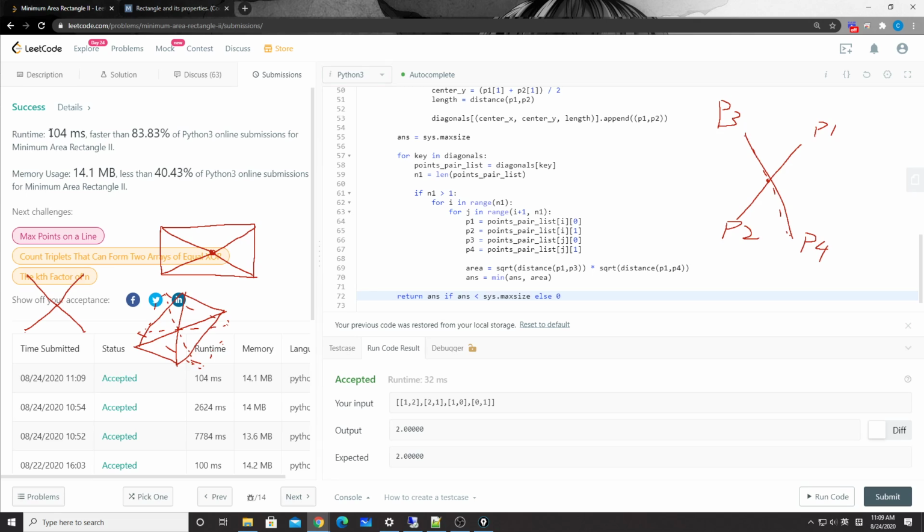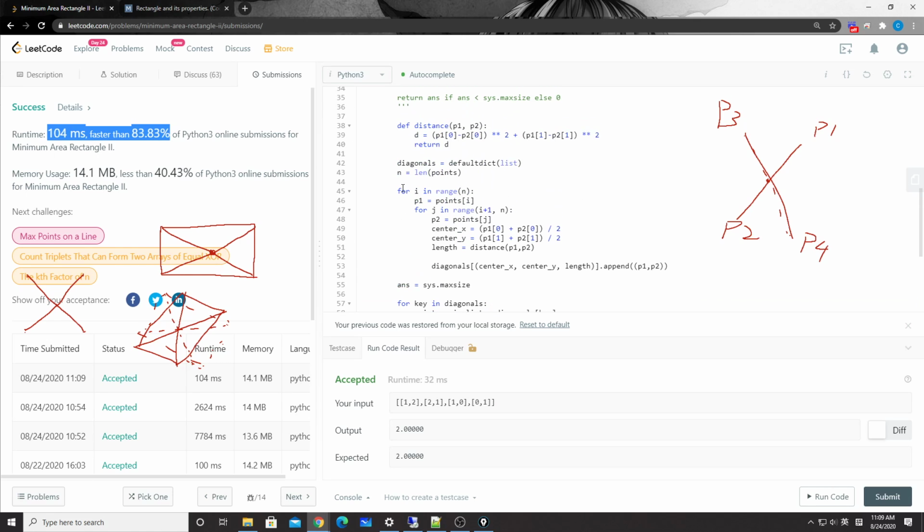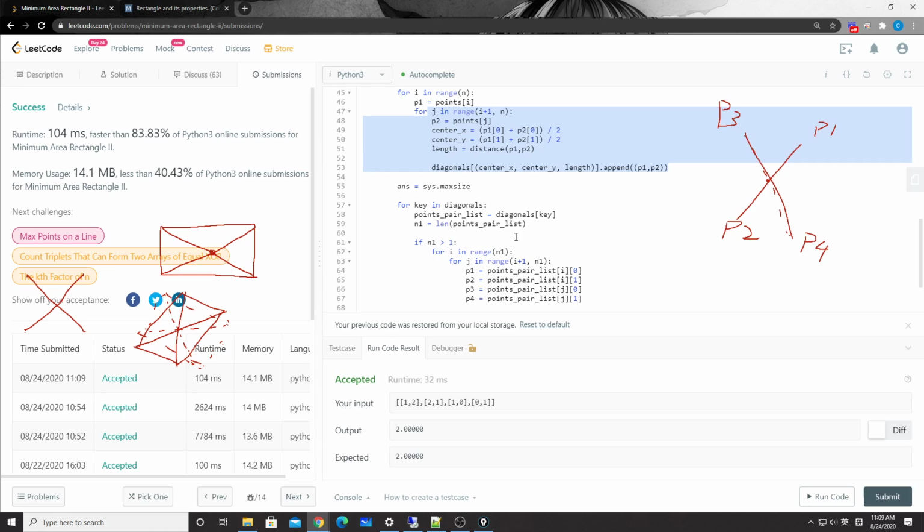Cool. See, this one is much faster. Even in the worst case scenario, it should be at least n square, right? Yeah, I think so. For this solution, it's n square because to calculate the diagonals hash set here, we loop through all the points. So that's n square, and then here we're looping through all the keys here.